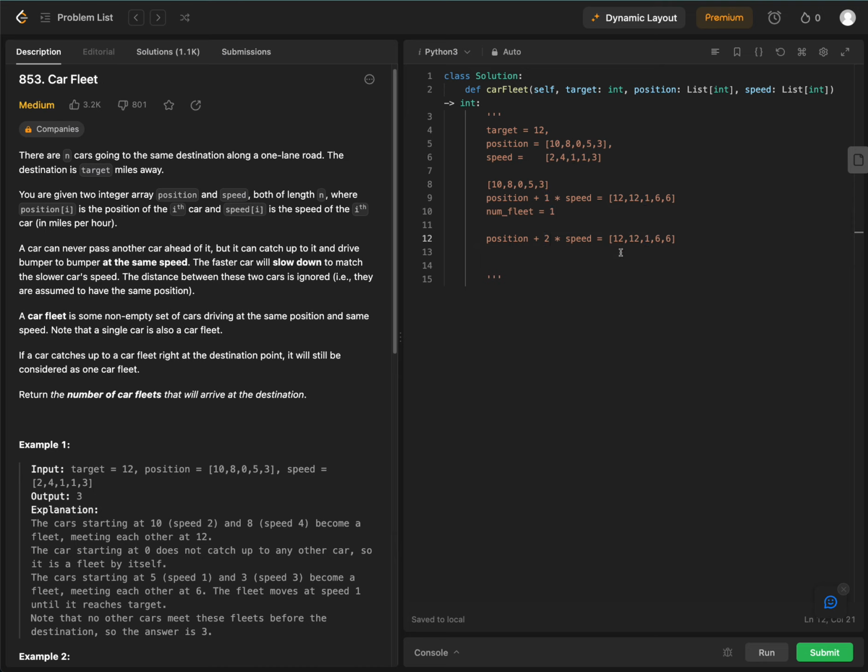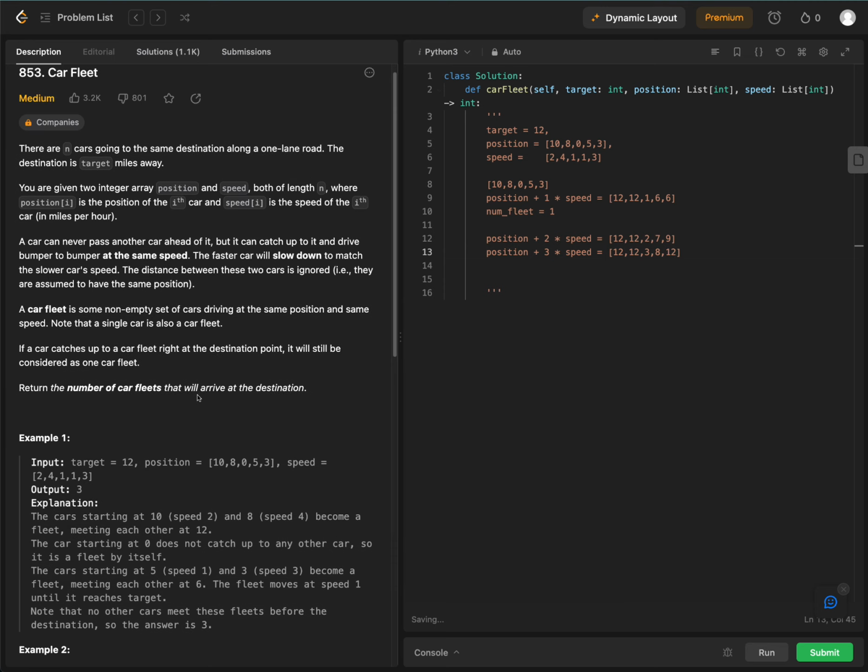We increment by 1, and we have 2, 7, and 9. Nothing much happens here. We do the process again, 3 times speed, incrementing by 1: 3, 8, and 12. So nothing really happens.